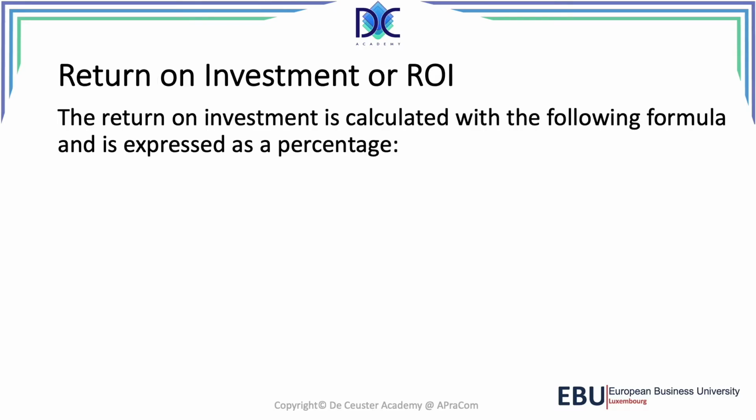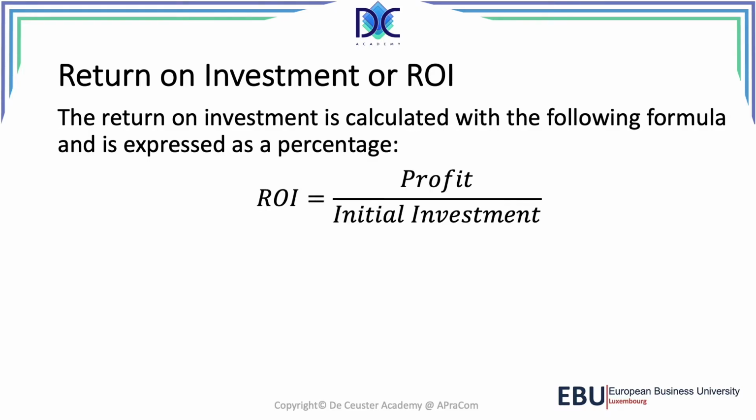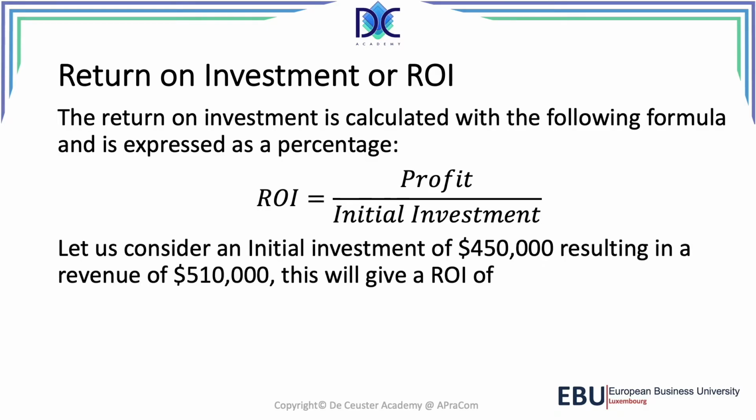Another element is the return on investment, or ROI, and it's basically a percentage which we obtain by dividing the profit by the initial investment. And when we look at an example, I have an investment of $450,000.